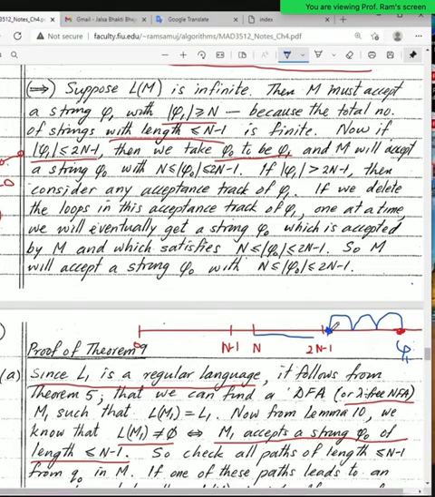Why? Because you cannot jump from 2N to N minus 1 or less. Because from 2N to N minus 1, that is N plus 1, and you cannot jump by more than N. So if you're at 2N, the biggest you can jump is N, and then you'll end up right here.